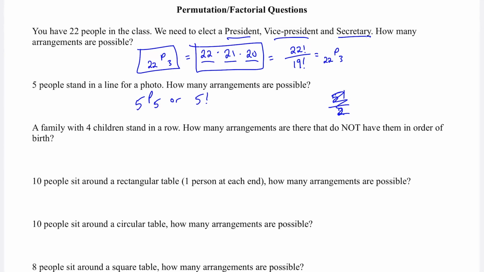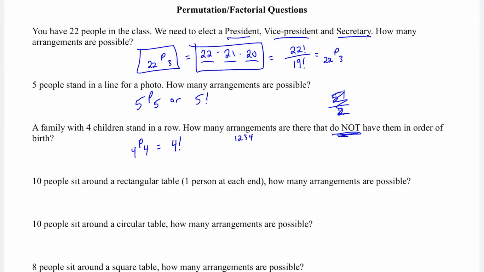A family with 4 children stand in a row. How many arrangements are there that do not have them in order of birth? Okay, so again, it's 4 people, and we're picking all 4 of them. So that's just 4 factorial, right? So either one of those answers would work. However, what we're trying to do is avoid having them in order of birth.